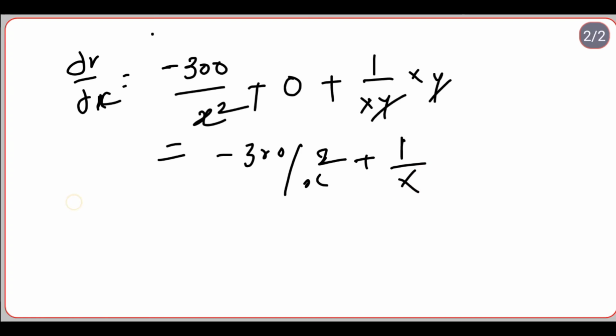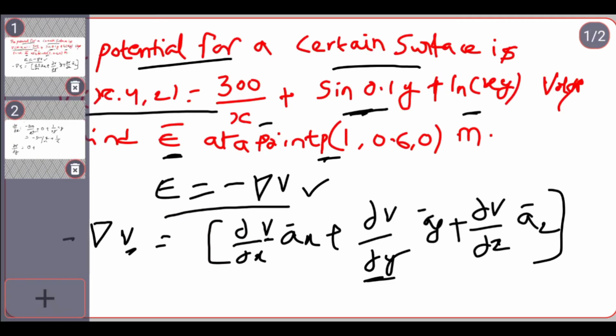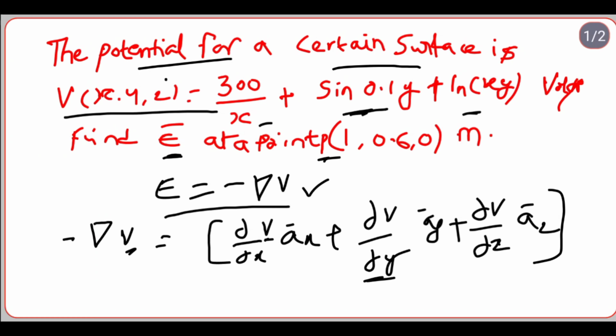Now similarly we have to calculate dou V by dou y. In the potential equation, 300 by x has no y term, hence it becomes 0. After that, for sine 0.1 y, the y term is there. The differentiation of sine is cos, so we get 0.1 cos 0.1 y.